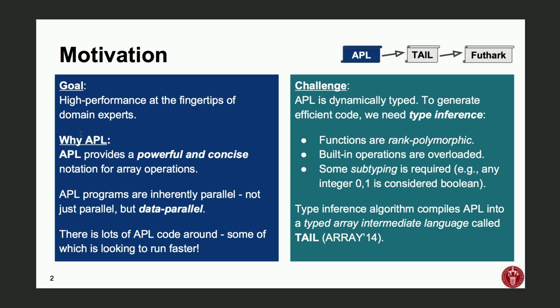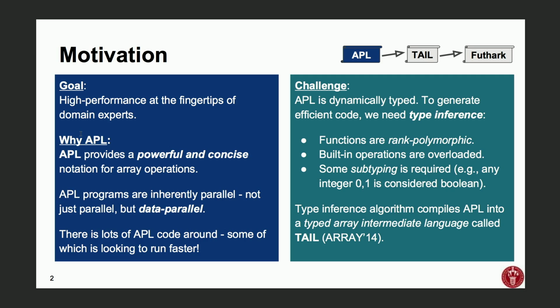The challenge, of course, is that APL is dynamically typed, and to generate efficient code, we need some kind of type inference, and we need to be able to resolve many of these primitives at compile time. And some of the complications arise from functions being rank polymorphic, and the built-in operators being highly overloaded.